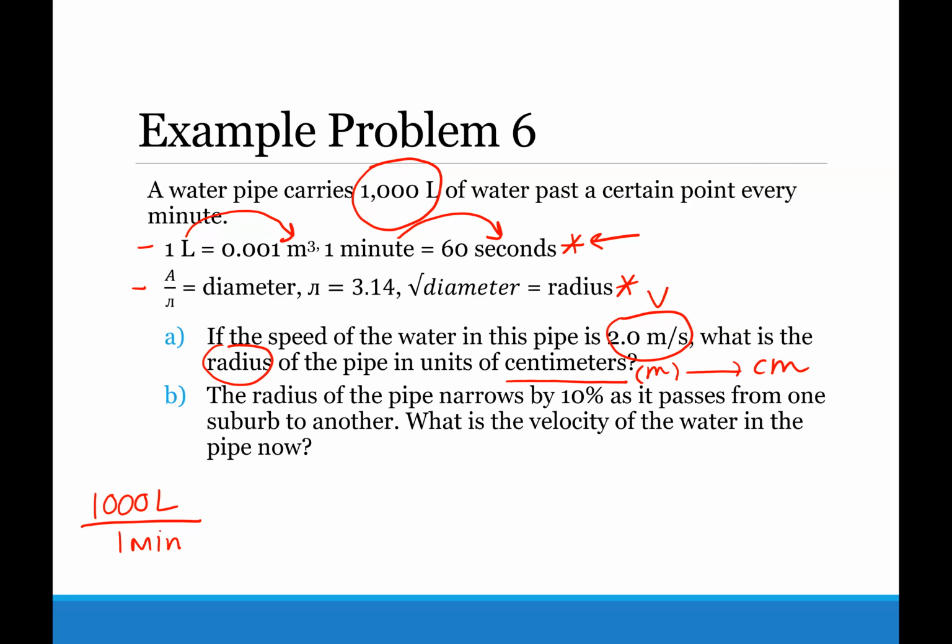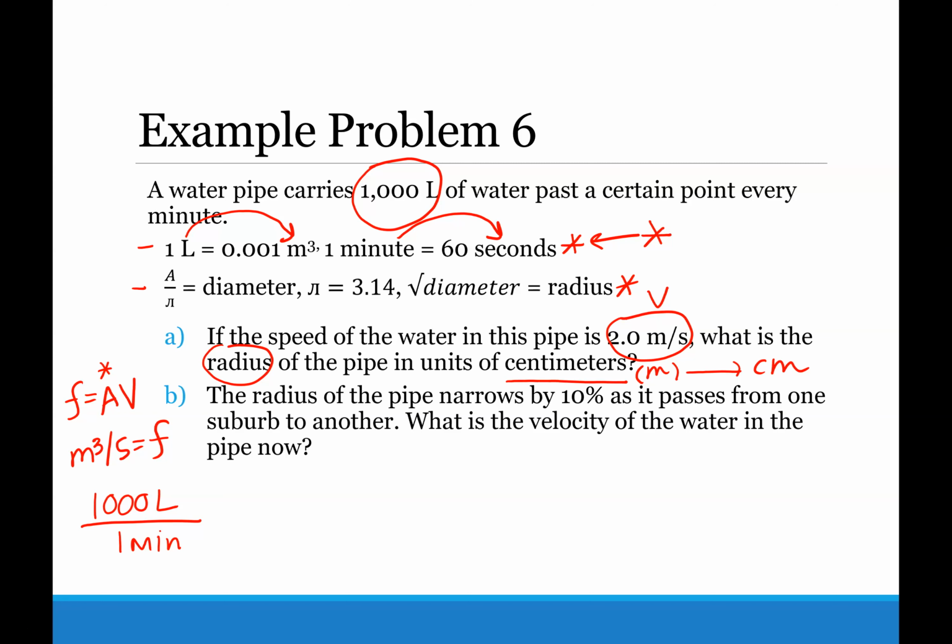And so thinking back to some of the previous lectures, something that's measured in cubic meters per second that we've learned is volume flow rate. And the volume flow rate equation equals area times velocity. So we know that we're going to be looking for area using the volume flow rate after converting with the units in this equation to get the volume flow rate.